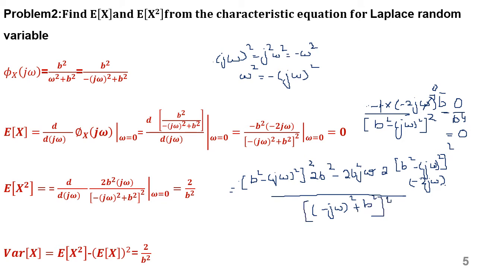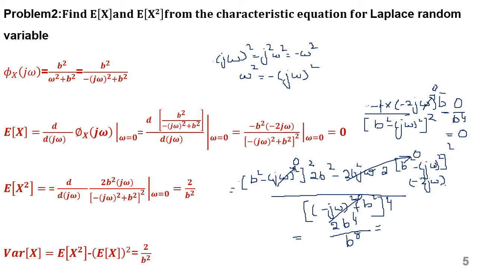So it is 4. So when I substitute omega equal to 0, all these terms are 0. So I am left with, in the numerator, 2b to the power 4 divided by b to the power 8.